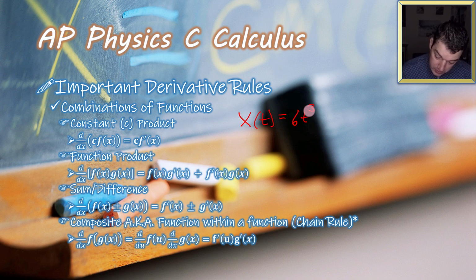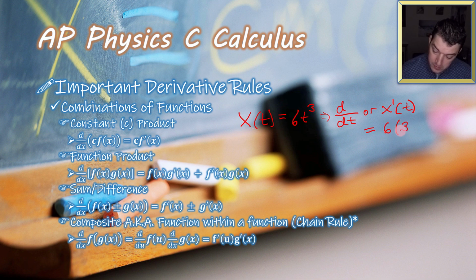What we're going to actually do when we're looking at the derivative in terms of that input, or x prime of t, it's going to equal that constant times the derivative of t to the third power.